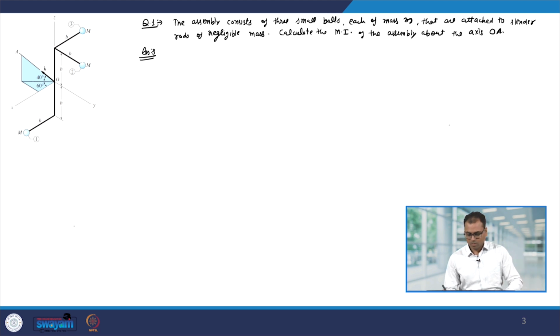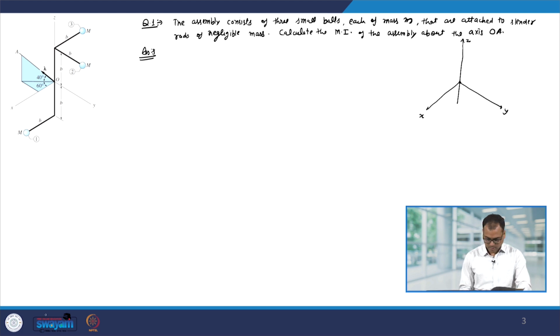Okay. So, we have these slender rods, and let us say it is given that this one is the x axis, this is the y axis, and we have the z axis, and we have this slender rod, and from here I have two masses.